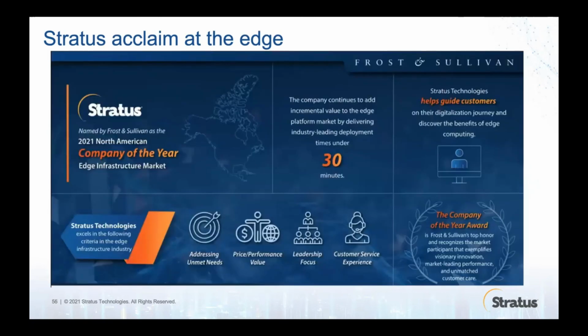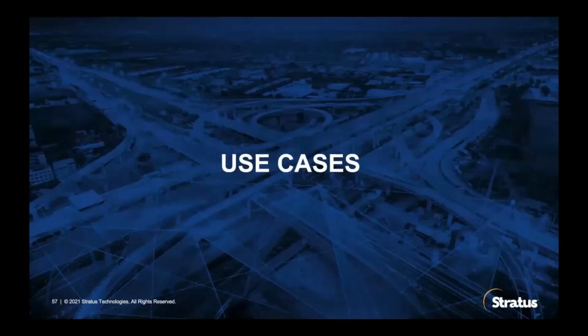Our last, but a really big award was the North American Company of the Year we received for 2021. That's really for deploying a fault tolerance system or reliability system in less than 30 minutes. So that's really a unique scenario.